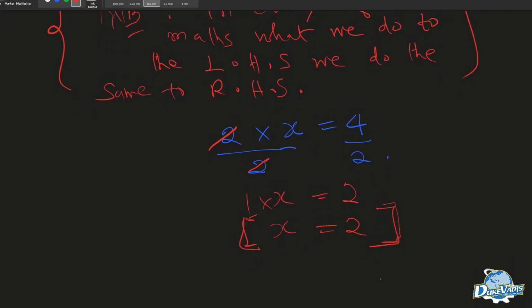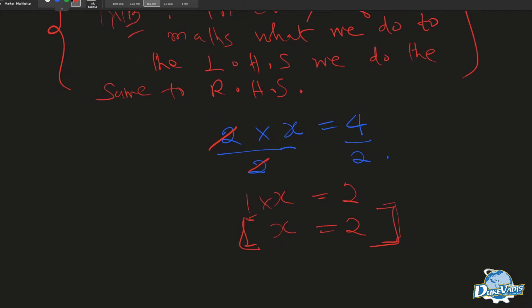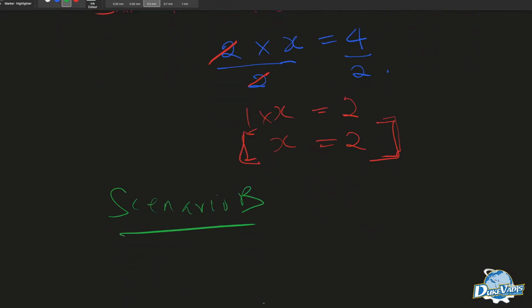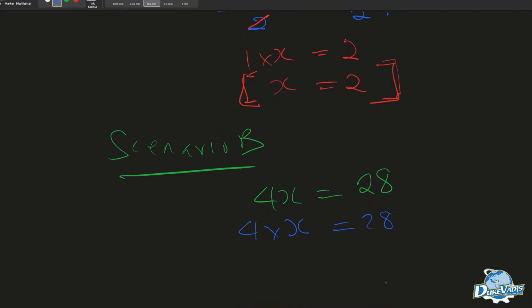In the same way, when we take scenario B, which we had 4x is equal to 28, we'll do the same thing. We're going to divide both sides by 4 so that x will stand alone.